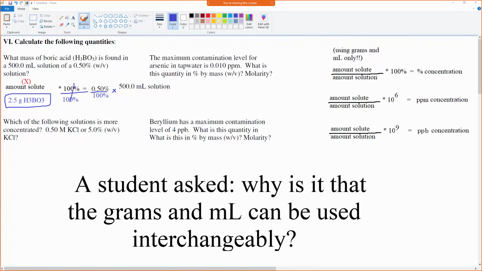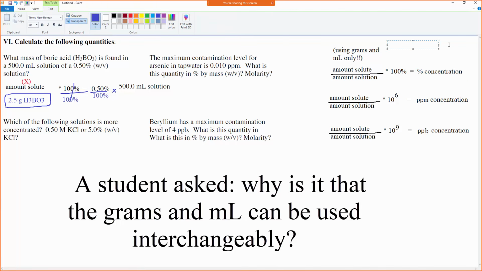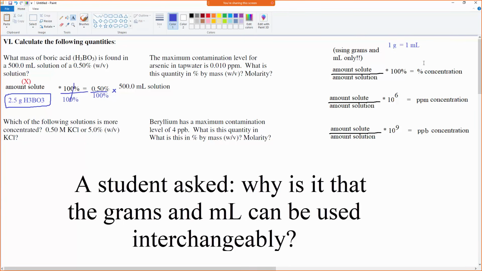Okay, so again, for this one, we're using grams and milliliters interchangeably because for water, the density of pure water is 1 gram per milliliter. So for water, 1 gram is equal to 1 milliliter if it's pure water, right? Now that is not always 100% true for solutions, especially really concentrated solutions, but it's still an approximation that we use.